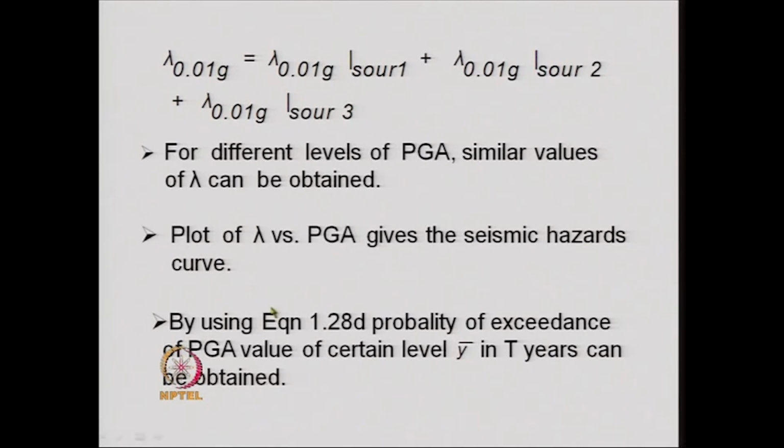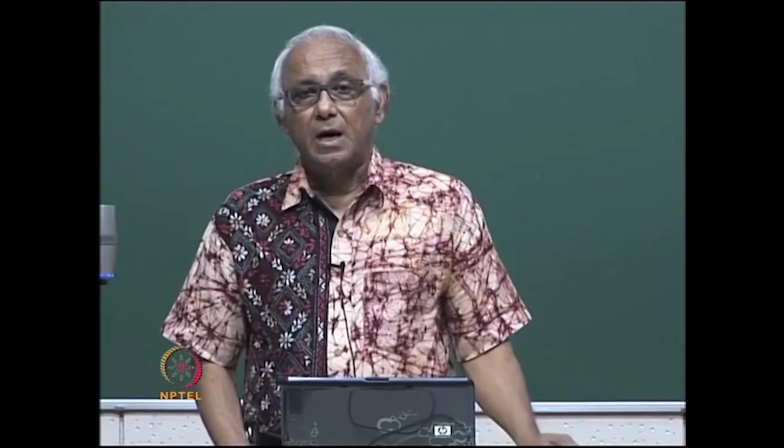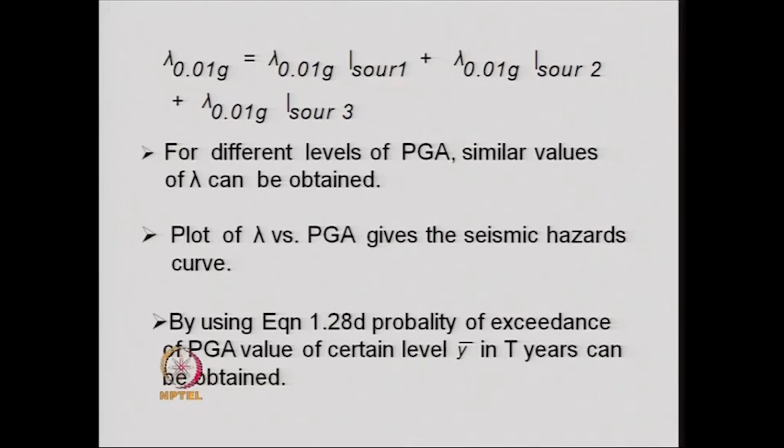Now, with the seismic hazard curve for peak ground acceleration, or for any other earthquake measurement parameter, known, for a given level of the seismic measurement parameter one can find the annual probability of exceedance of that level of the parameter.